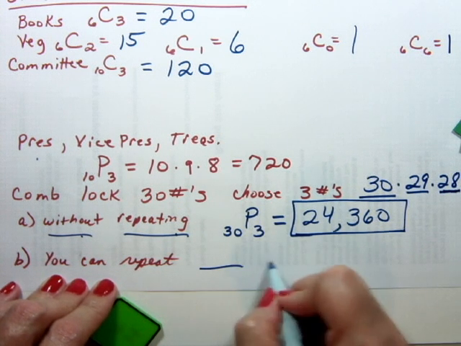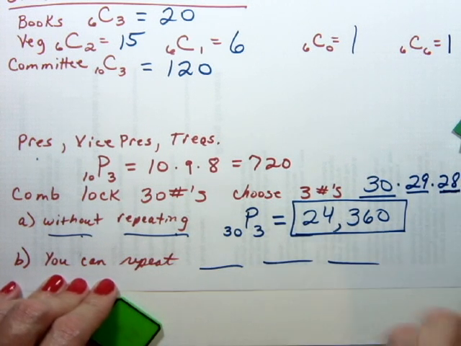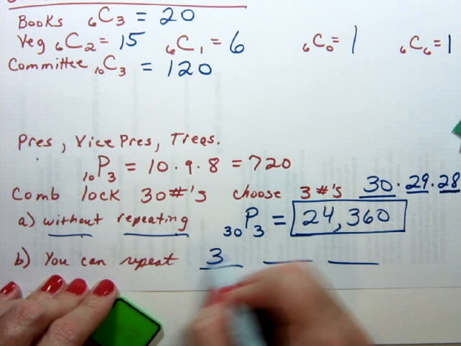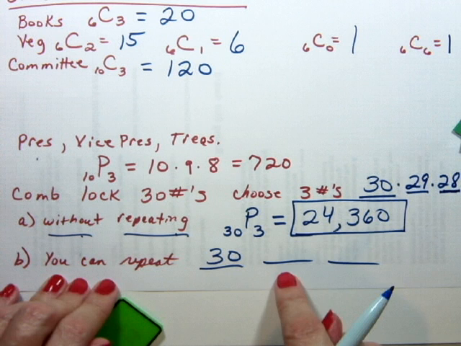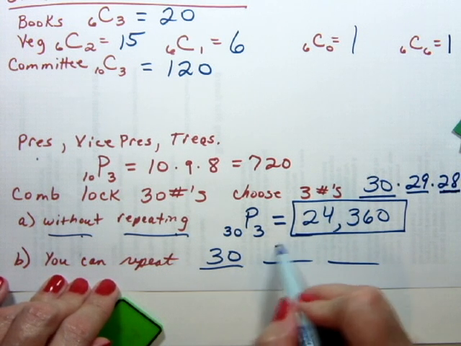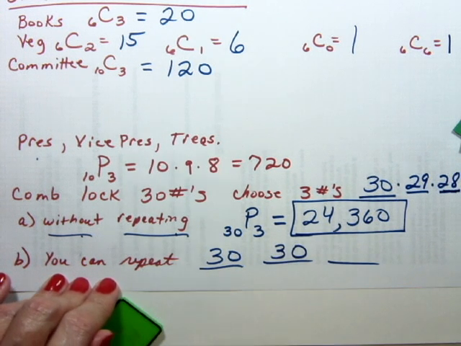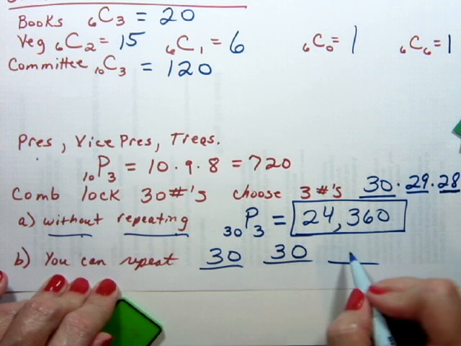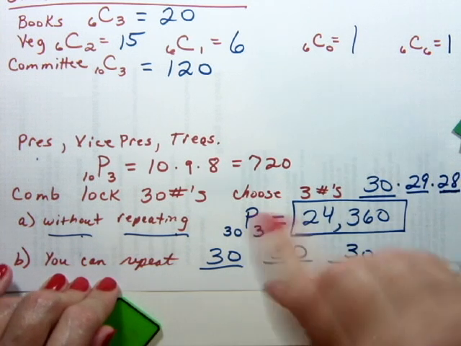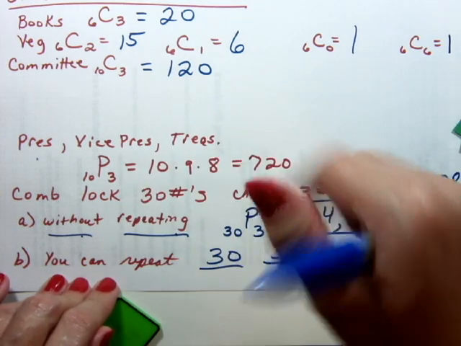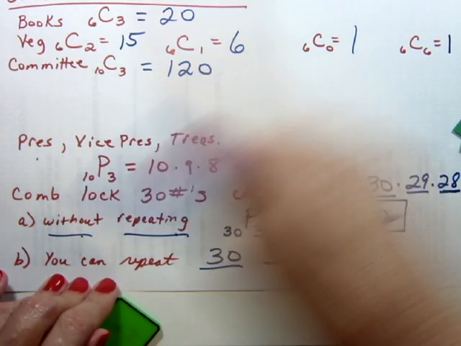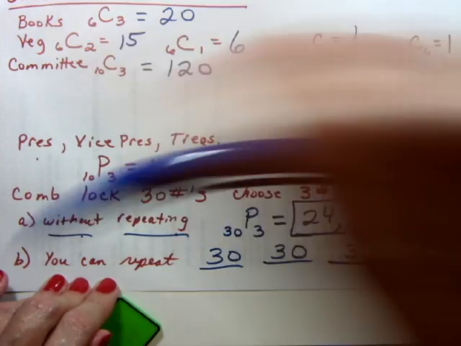Let me think through it. You've got 30 choices for the first. How many choices do you have for the second number? I'm going to use my fundamental counting principle. Well, since I can use every number again, I've got 30 choices. What about for the third number? 30 choices. Because remember, it's possible I could do 555, because you turn to the right, then you turn to the left, so I could go back to it, and then you turn to the right, you pass it.